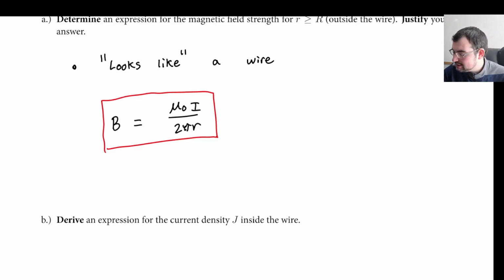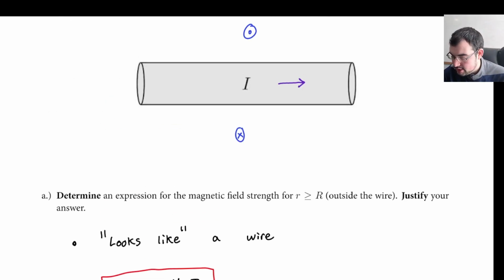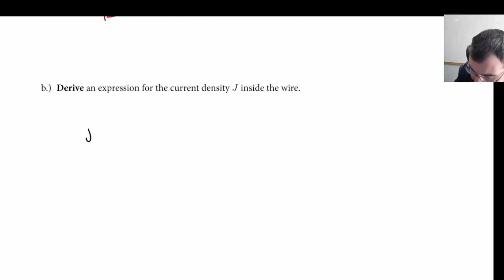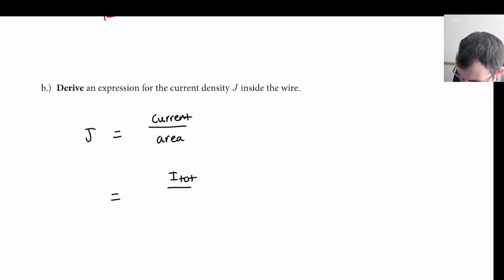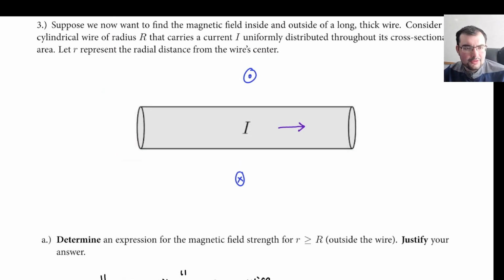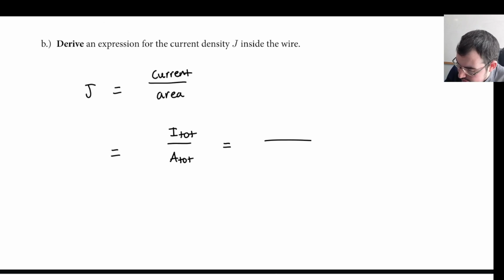What is the current density inside the wire? So inside, well, J is defined as current divided by area, which is the total current divided by the total area. So what is the total current? Well, it gives it to us. The total current of the wire is I. What is the total cross-sectional area of the wire?